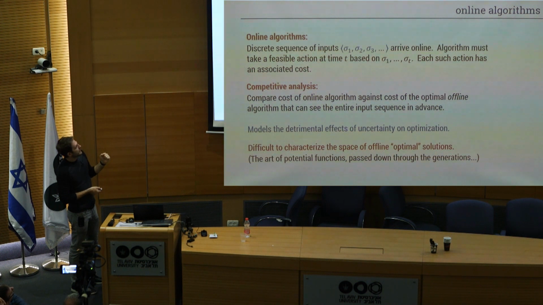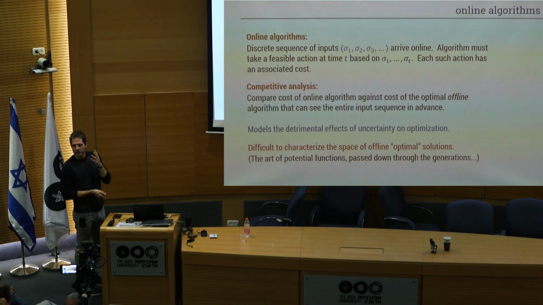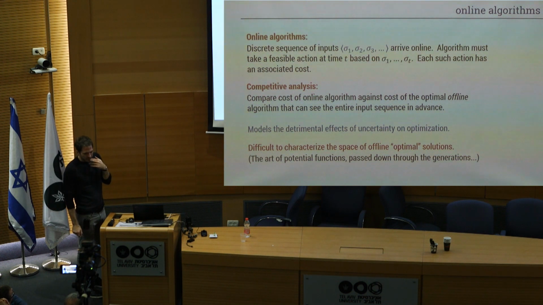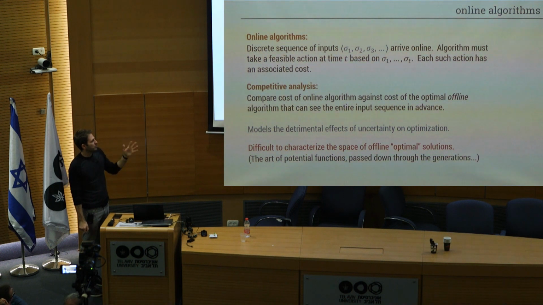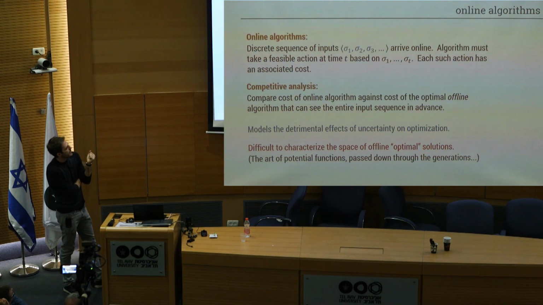I have an interesting relationship with this field because my advisor, Christos, who was the first speaker today, just a few years before I became a student, had written this paper on K-server, a 2K minus 1 competitive algorithm for K-server. I tried to understand this algorithm at the time and failed.